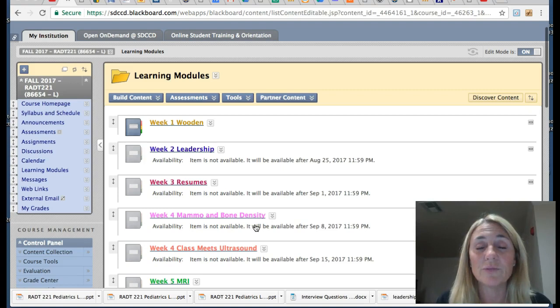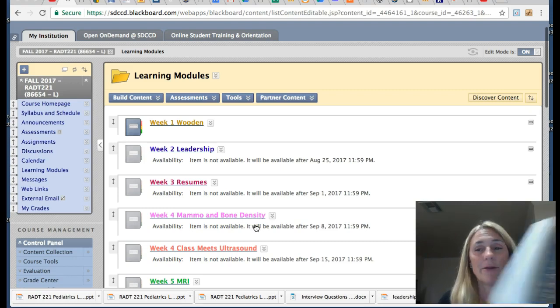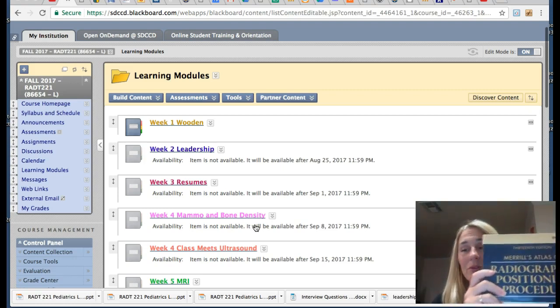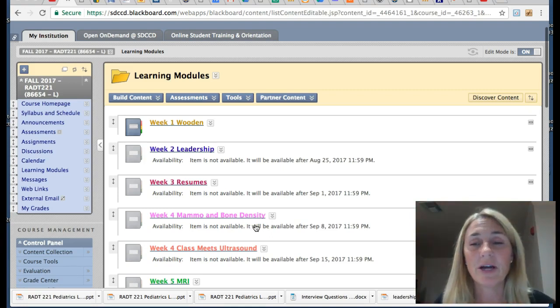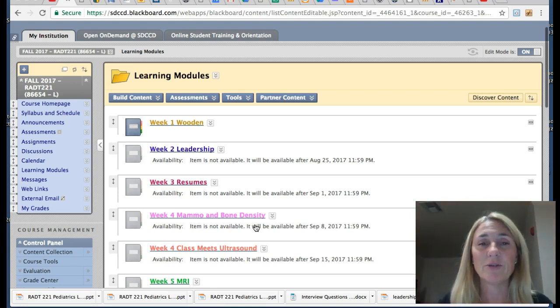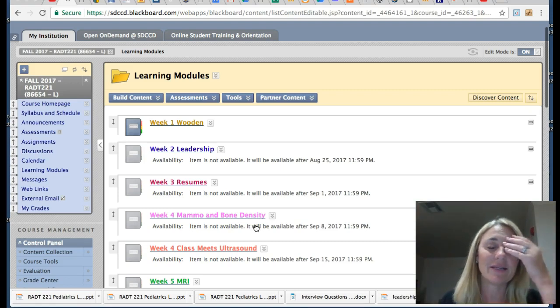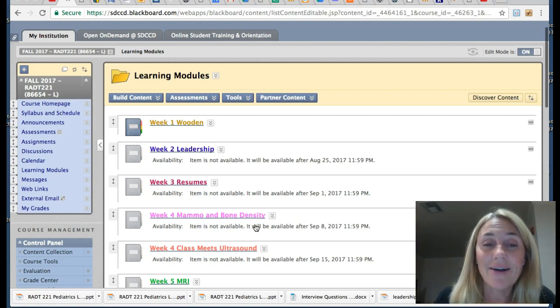The Wooden book is really easy to read, and you have your Merrills. You are also going to have your workbook. So here, you'll have to do your workbook, and you're going to turn that in to Jeremy. Jeremy will check off your workbook for me in your RAD 230 class. I think it's that last week. I'm not 100% sure. So anyway, that's your class here.